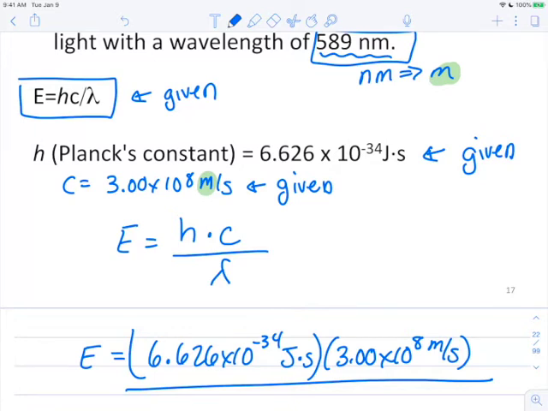Those of you who are getting values for your energy, feel free to type those into the chat box.